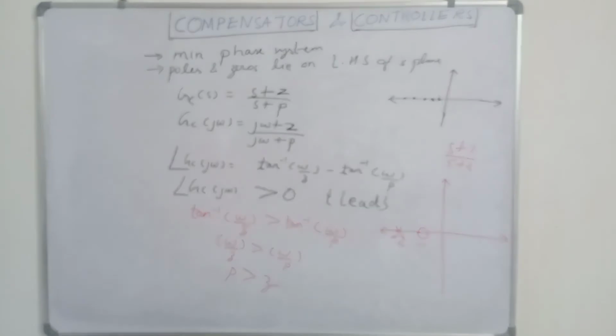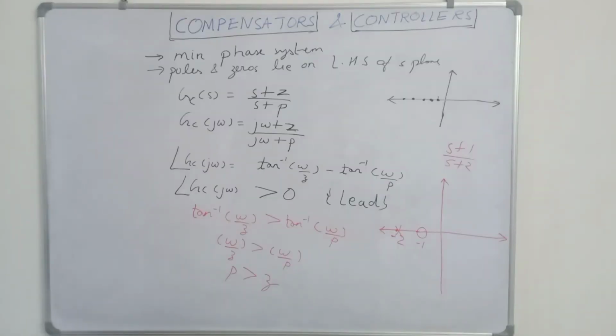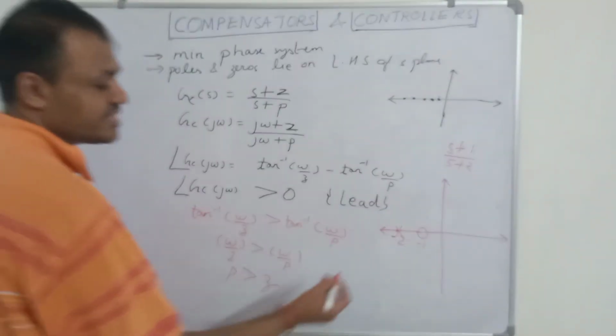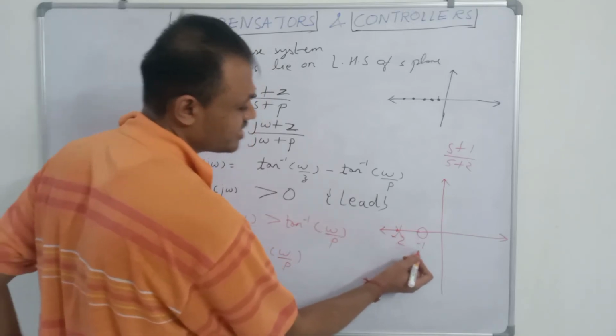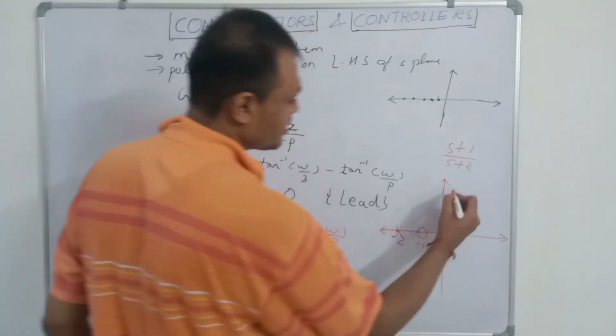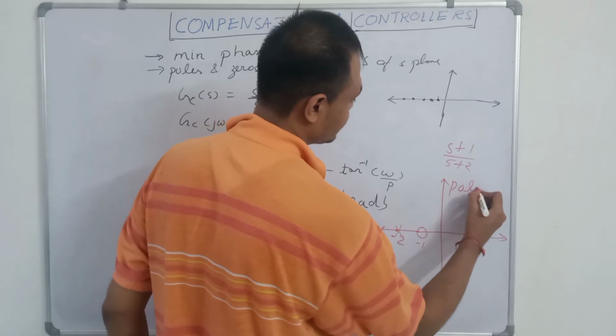This is the pole zero plot of a lead compensator.